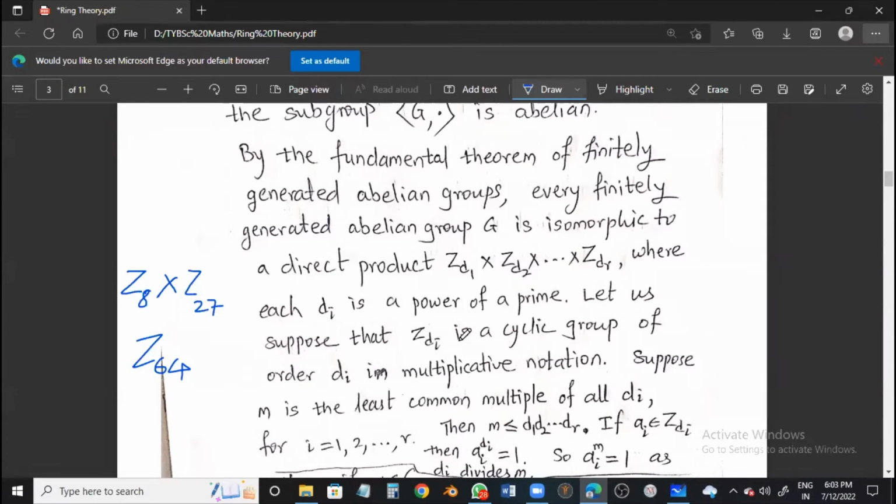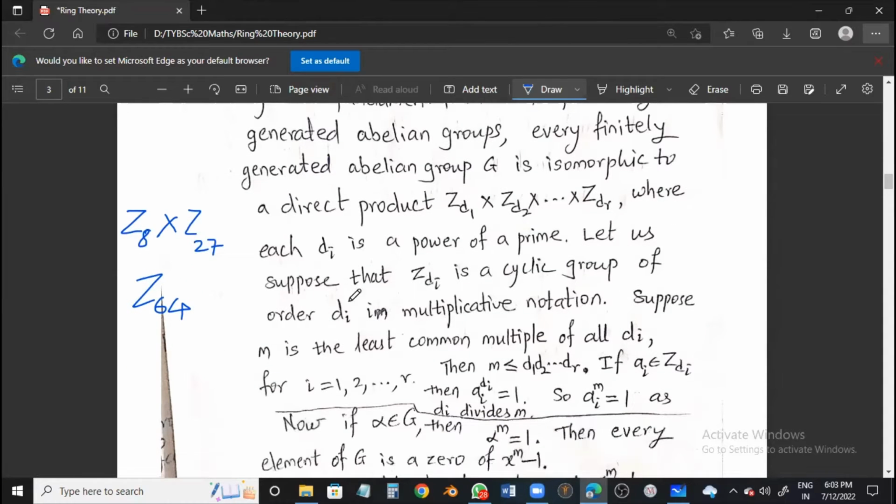Now, let us suppose that ZDI is a cyclic group of order DI in multiplicative notation. You know this very well, that ZDI is a cyclic group. You have studied this. So its order will be DI. Whenever I say Z5, what I mean is that it is an abelian group with respect to addition.